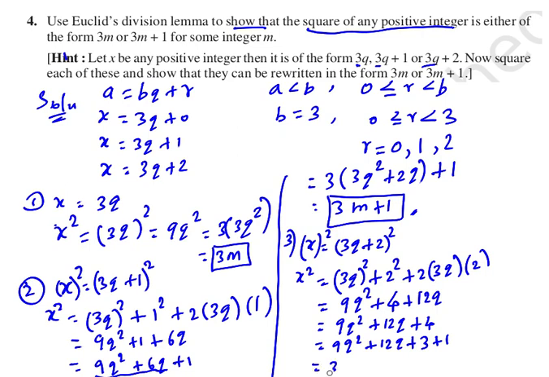It is nothing but 3 times (3q square plus 4q plus 1) plus 1.